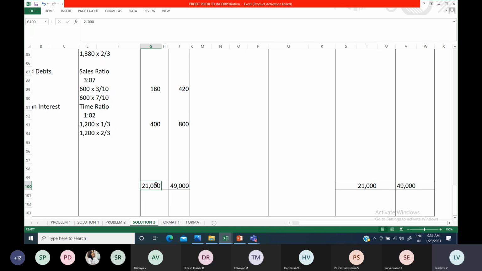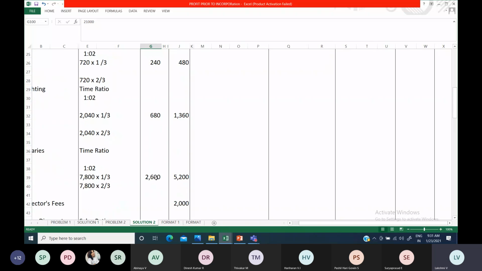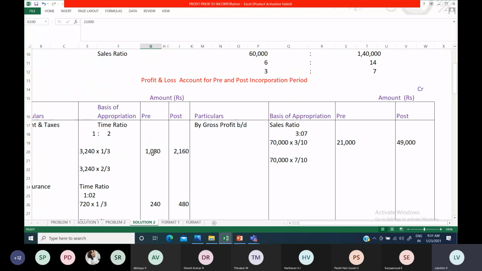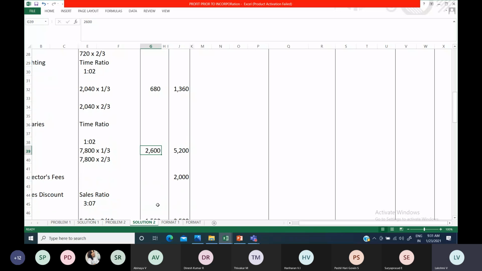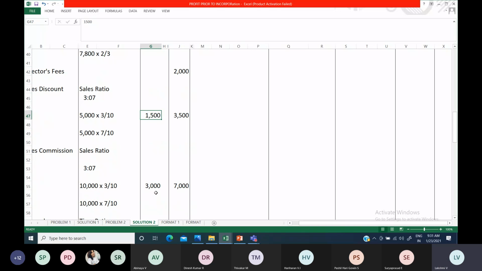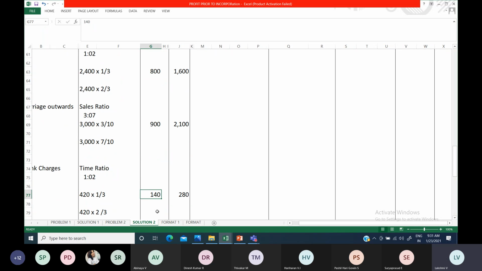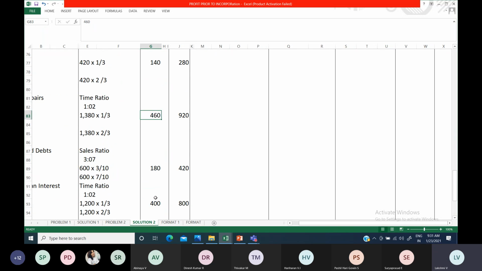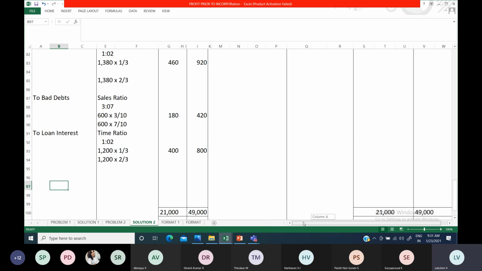And you have to subtract from 21,000 all the pre-column items: 21,000 minus 1,080, 240, 680, 2,600, 1,500, 3,000, 800, 900, 140, 460, 180, 400. Just find out how much net profit you are getting after subtracting. That will be your balancing figure, that is net profit.